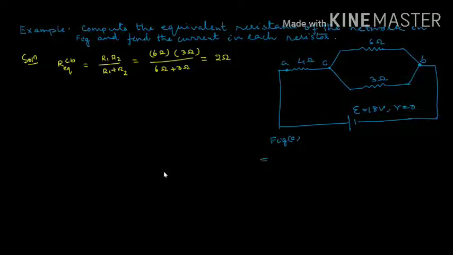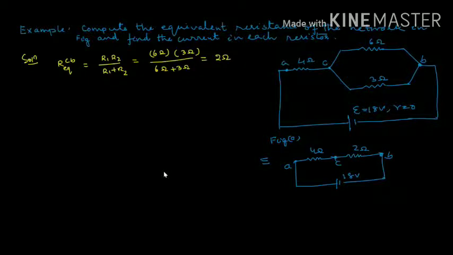This circuit is equivalent to the following circuit. This is the 4 ohm resistor, and the equivalent resistance between C and B is 2 ohm. So this point is A, this is C, and this point is B. Now it is connected to the cell of 18 volt.